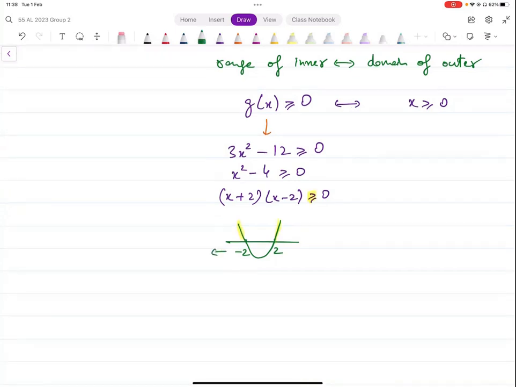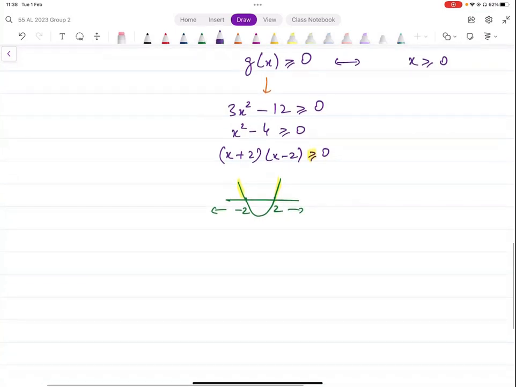So we say either less than this or greater than this. So the values of x that we are getting are x less than or equal to minus 2 or x greater than or equal to 2. Right? This is the quadratic inequality solve. You would find the x-intercepts and look at the region on the graph that's either above the x-axis or below the x-axis. Right? That's what you would look at.